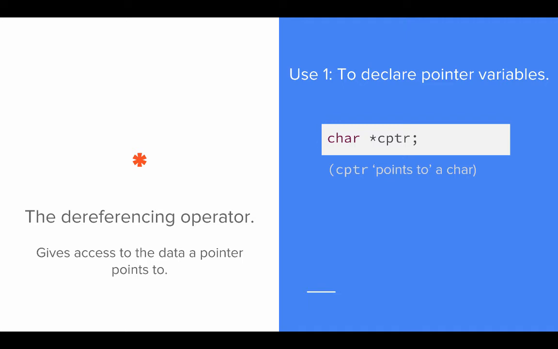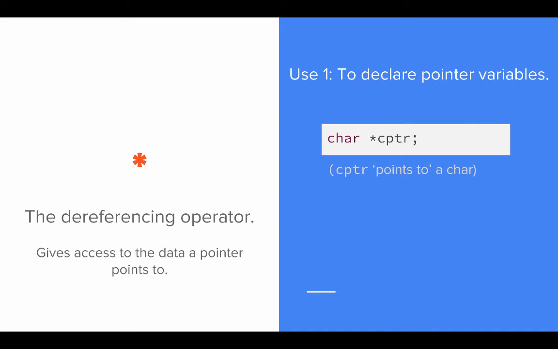So first, if I want to set up a pointer variable, let's say c pointer, that points to a character, I'm going to use the syntax like this. I say char star c pointer. And for this, I actually like to read it backwards. I say that I have a variable c pointer, and wherever I see the star, I think in my head "points to."